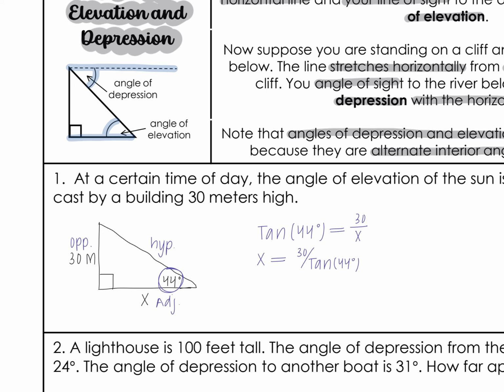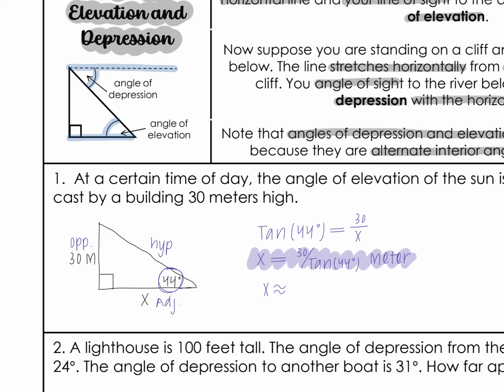We're going to include our units here, so we're going to put meters. This would be my calculator ready form answer. And then, to get that practice of rounding, once again like we did in the previous lesson, let's round to the nearest hundredth.